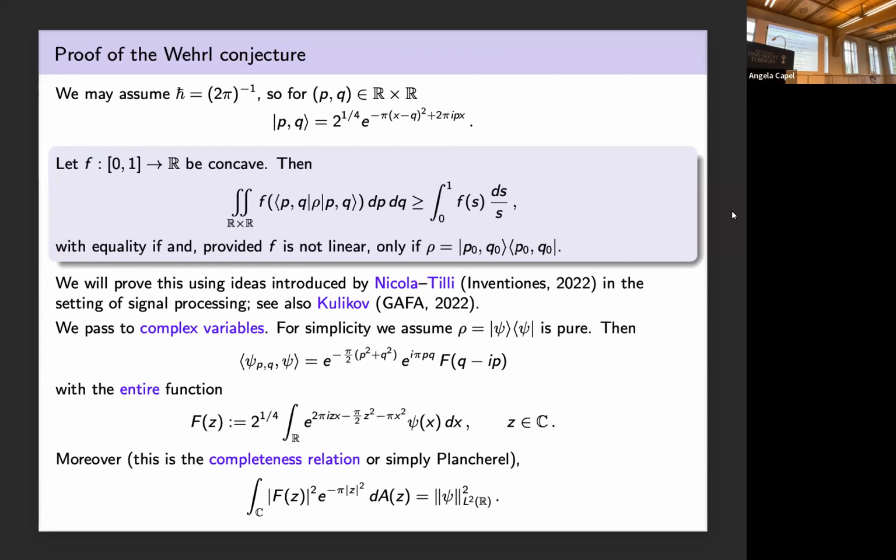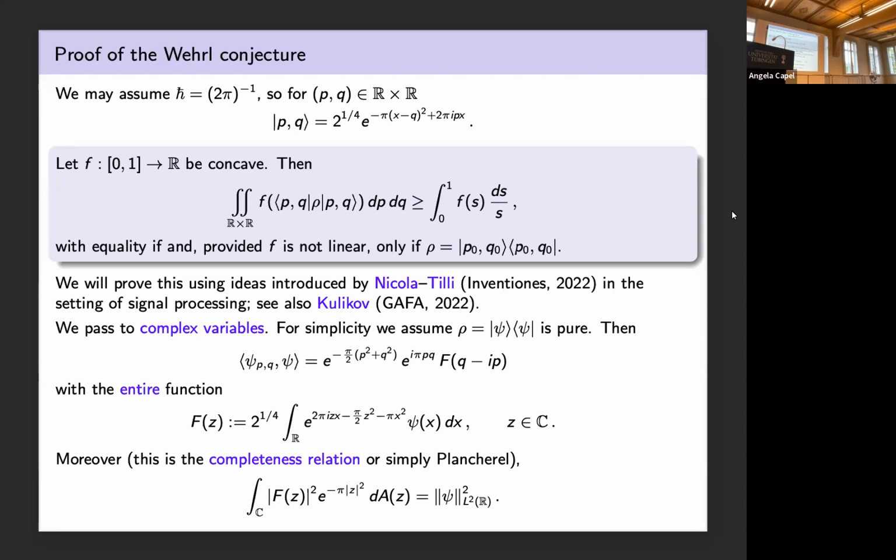Good. Okay, so what do we have to do? We have to compute the overlap of psi with the coherent state PQ. And now this is an identity, this is equal to something. So I pull out a Gaussian in P and Q, that's e to the minus P squared plus Q squared, then a phase, which is harmless, and what's left over I think of as a function of a complex variable. The complex variable is Q plus iP.